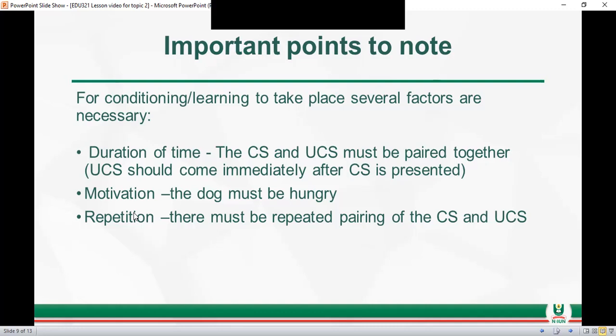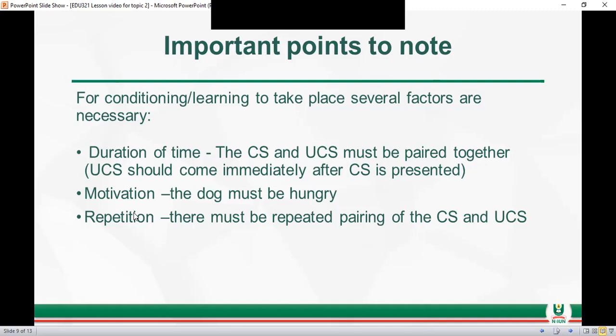If you want the dog to begin to associate the two stimuli, that is the sound of the bell and the presentation of the food, you have to do it repeatedly so the dog will learn to associate them together. That's when the salivation response can take effect.